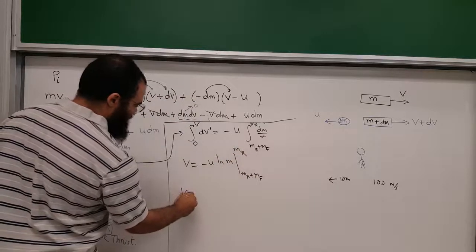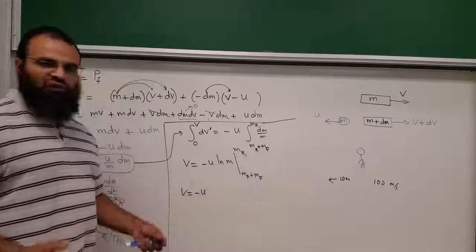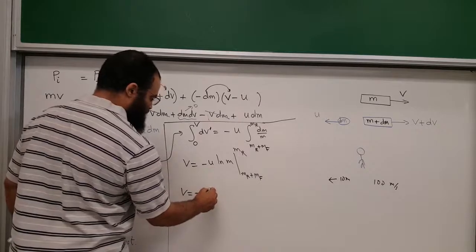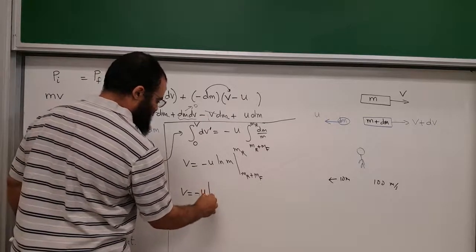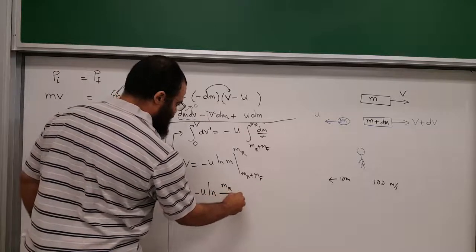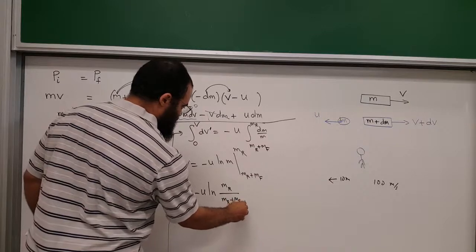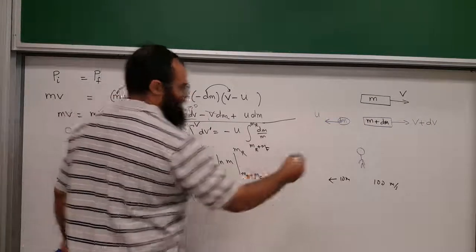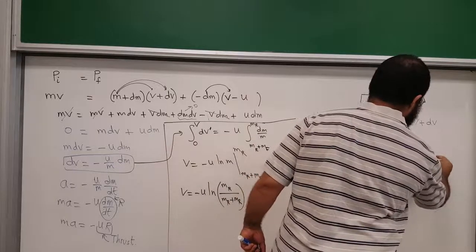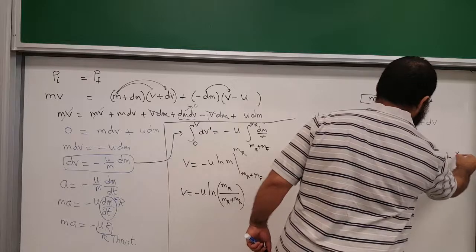And so v will be negative u times, and remember, the difference of natural logs is the log of the ratio of their arguments, so you get natural log of mr over mr plus mf. I'm using ln of x minus ln of y equals ln of x over y.